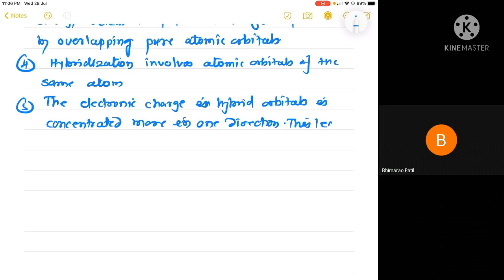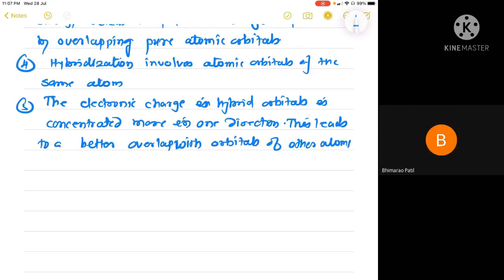This leads to a better overlap with orbitals of other atoms.